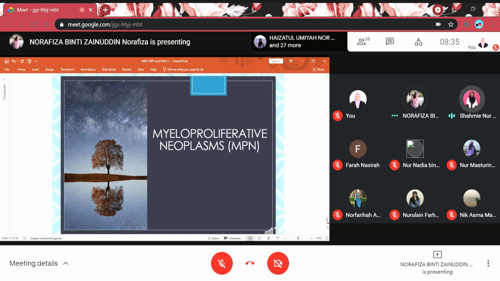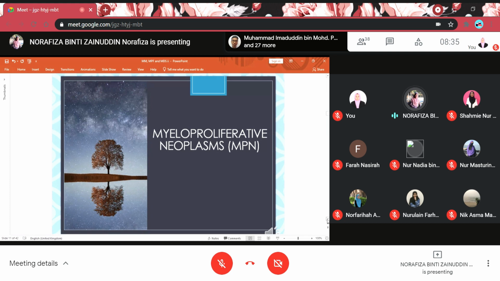Okay, so I move on to the next malignancy, myeloproliferative neoplasms, MPN. So MPNs are blood cancers too, which occur when the body makes too many white or red blood cells or platelets.